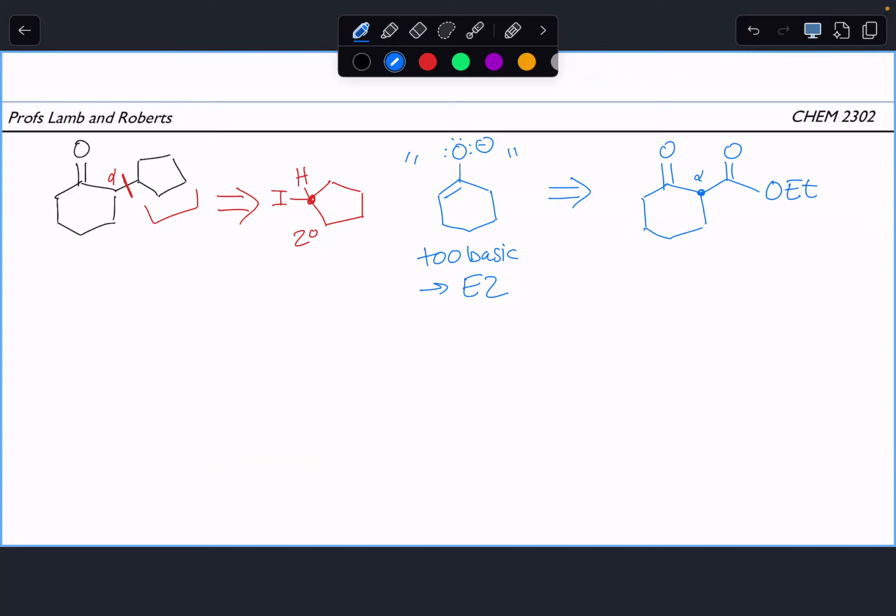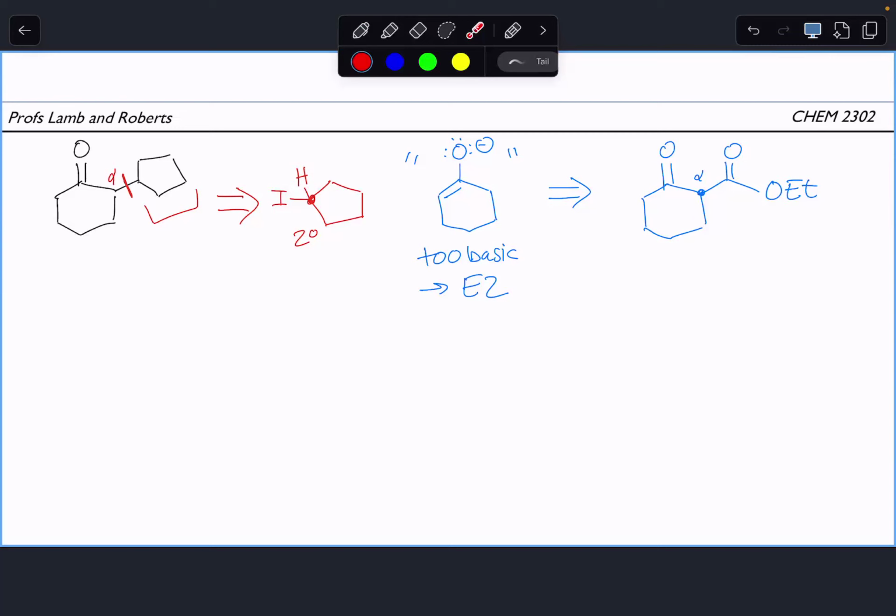I think this is challenging because the product you're trying to make actually has one fewer carbon than what you started with, because we're doing this decarboxylation. That's why this is a very tricky series of reactions. But if you take it step by step and think about it in the forward direction, it's clear that you can't just use the ketone by itself because it will do E2. So you have to add in this extra ester group that you can then remove later.